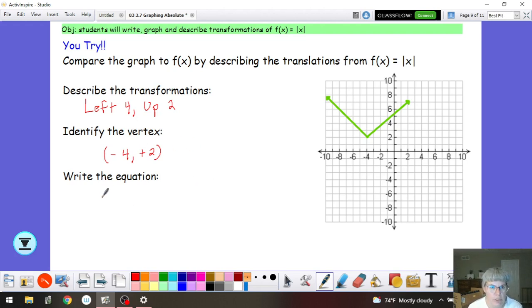And the equation would be g of x equals absolute value of x plus 4. We would be doing essentially a minus negative, which becomes plus. So x plus 4, and then that vertical translation is a plus 2 on the outside.